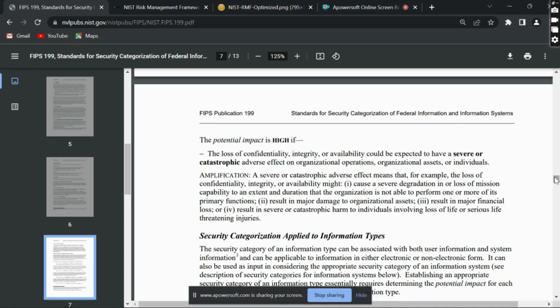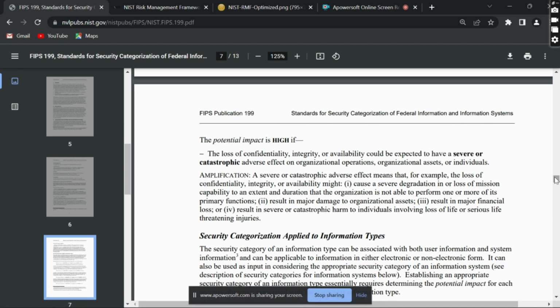A severe or catastrophic adverse effect means that, for example, the loss of confidentiality, integrity, or availability might cause a severe degradation in or loss of mission capability to an extent and duration that the organization is not able to perform one or more of its primary functions, result in major damage to organizational assets, result in major financial loss, result in severe or catastrophic harm to individuals involving loss of life.